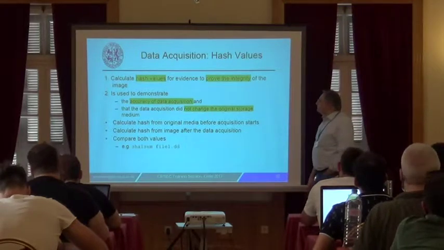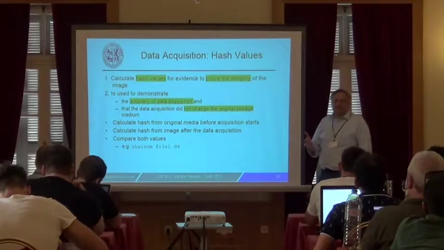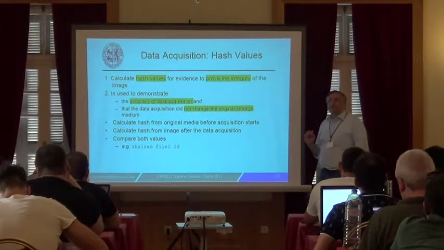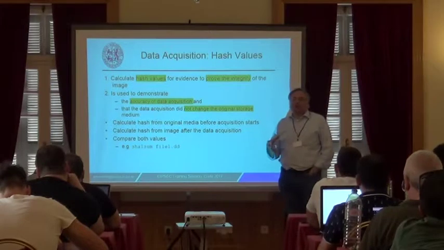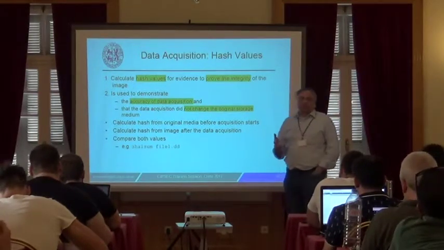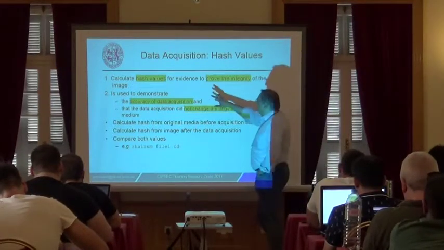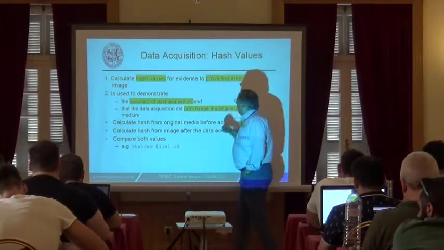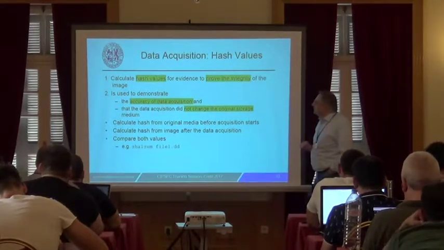Hash values. So far we've shown how to copy stuff, but the problem is that we need to be sure that what we copied has not been corrupted or rearranged or messed with. So we need to calculate hash values for evidence, and then we can prove the integrity of the image.